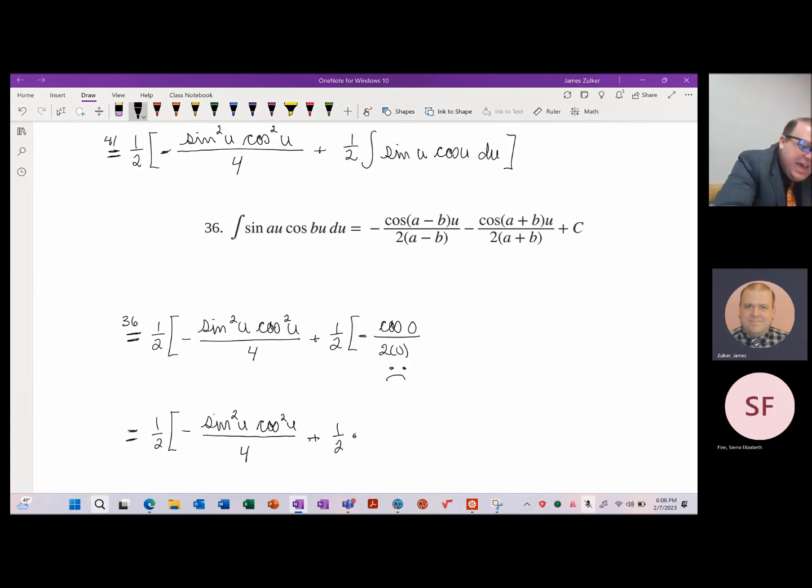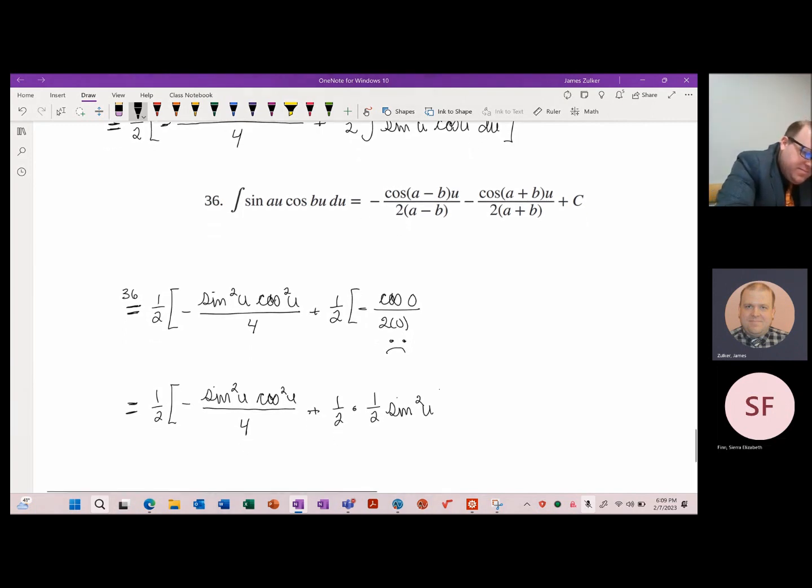For an antiderivative, you can use either sine or cosine as your u. Let u be sine. The derivative of sine is cosine, so you have your cosine u du.